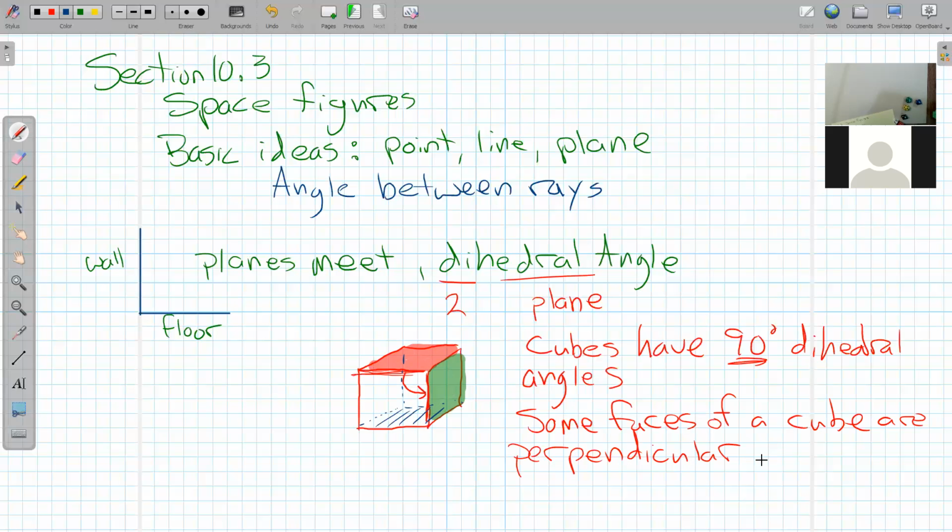So perpendicular again is a 90-degree angle. In this case, it's a dihedral angle because we're referring to two faces instead of two lines. But some faces are parallel in a cube, and those would be opposite faces. It's got too many P's, doesn't it?